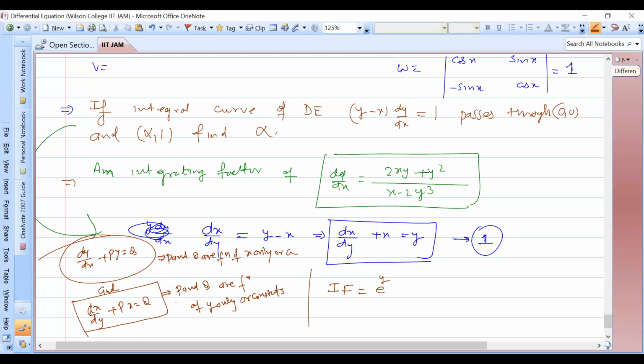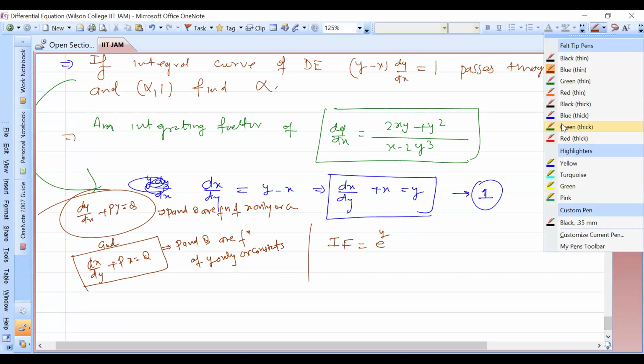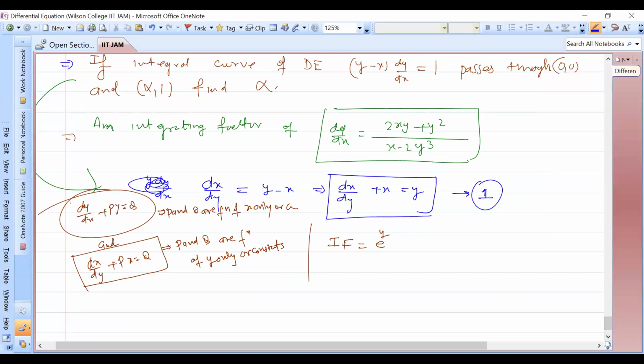Here IF equals e raised to integral P dx, and here IF is e raised to integral P dy.